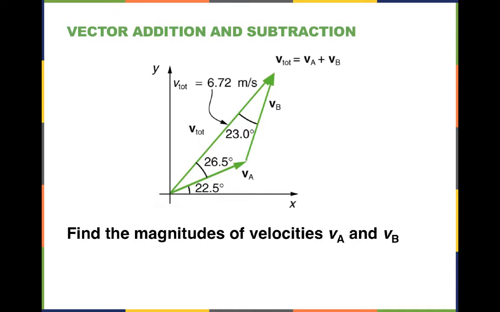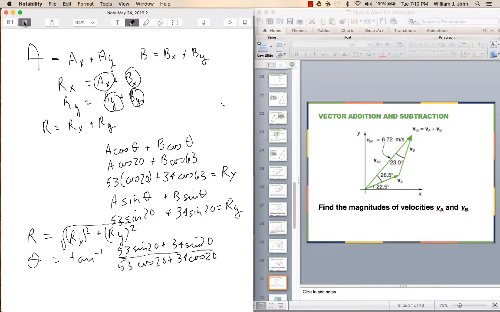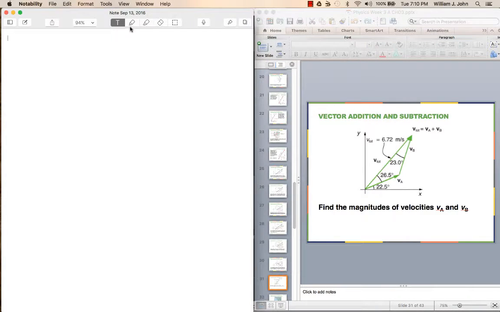So we're going to finish up this part by looking at this problem, and in order to do that, I'm going to get a new piece of paper here, and I'm going to also put this small so we can see it.